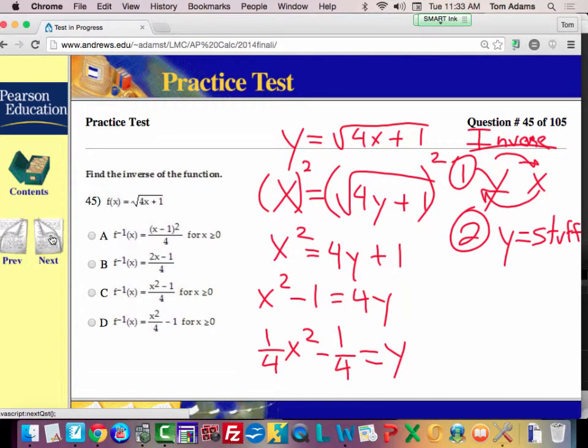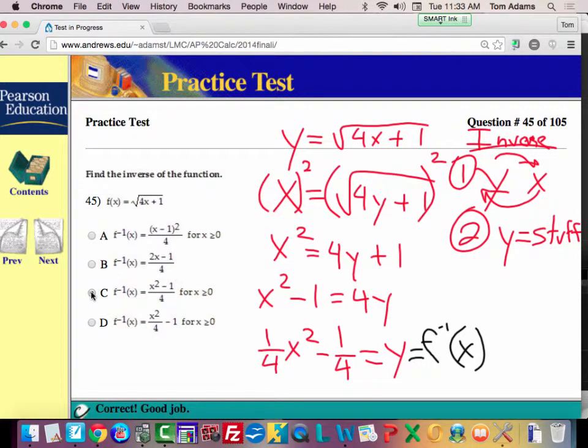Then I replace that with, this is the inverse. And so I've got 1/4 x squared minus 1/4. I think it's c, right? Does that make sense? That's the process every time. Any questions? Let's move on to problem number 48.